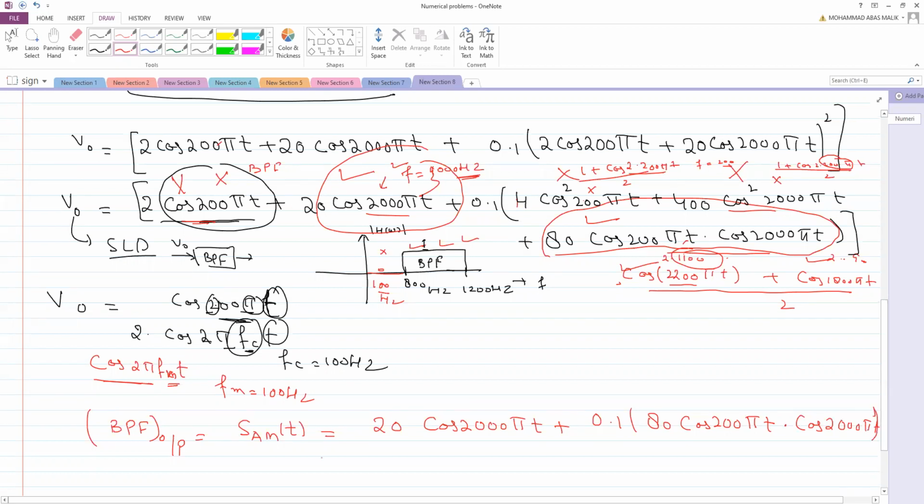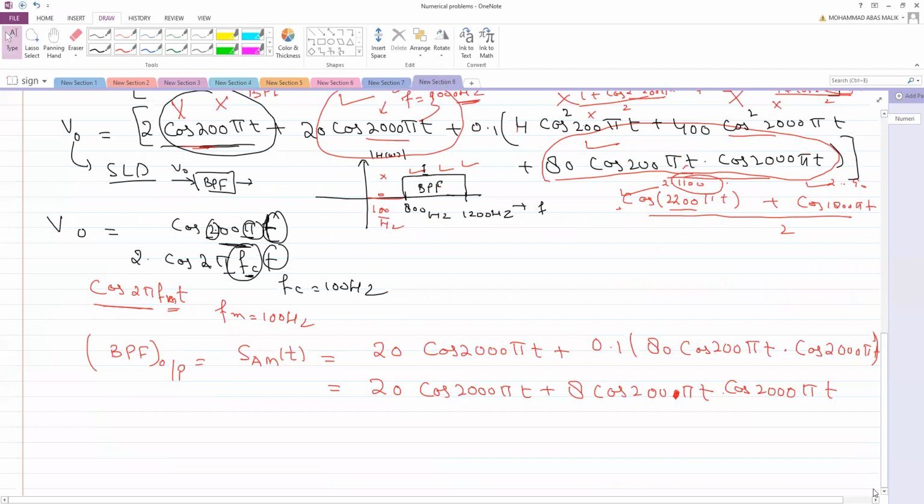Ultimately you will get 20 cos of 2000 pi t plus these two. When you multiply, you will get 8 cos of 2000 pi t into cos of 200 pi t, sorry, this is 200. First one is 200 and another one is 2000 pi t, and this is your final signal.